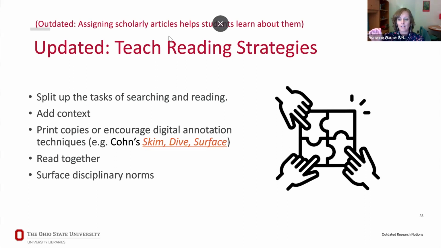read parts of articles out loud and voice what you're thinking, what connections you're making, what questions you're asking, what you're remembering about this person when they presented at a conference. This shows students the connections that are necessary to make that experience deeply critical and meaningful for them, right? And then finally, also just talk about the disciplinary norms that you're seeing as evident in this article.